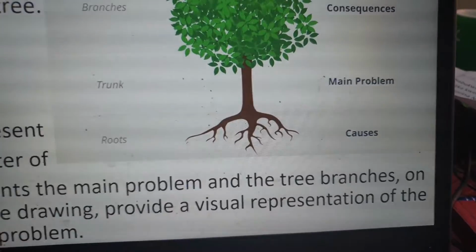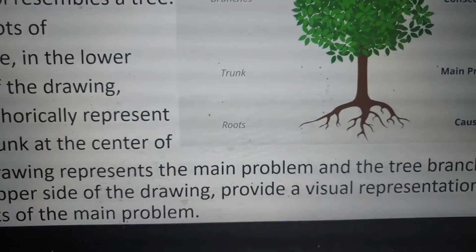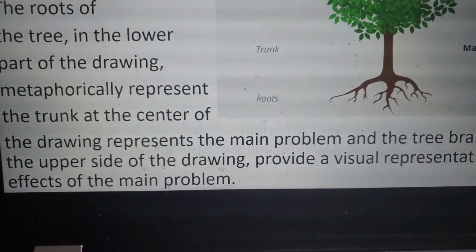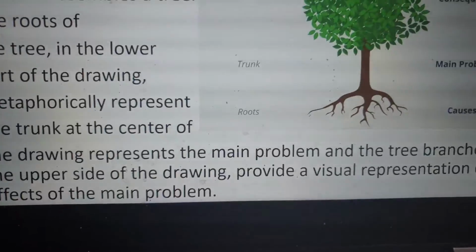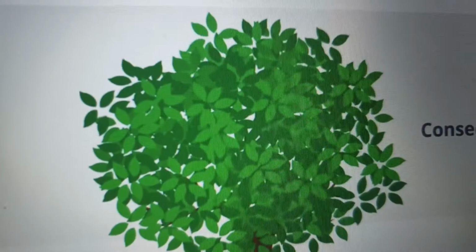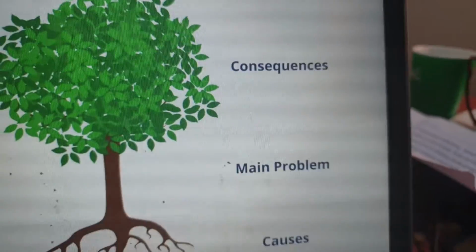And the tree branches on the upper side of the drawing provide a visual representation of the effect of the main problem. There it is now, a tree. Those are the consequences.